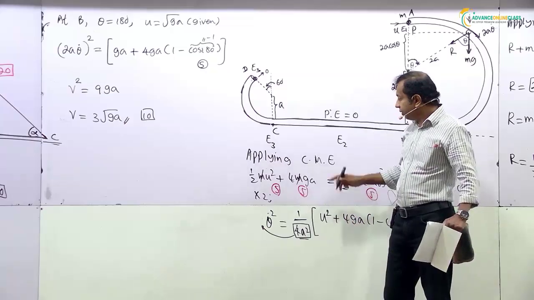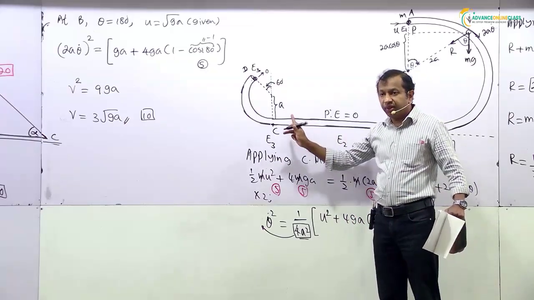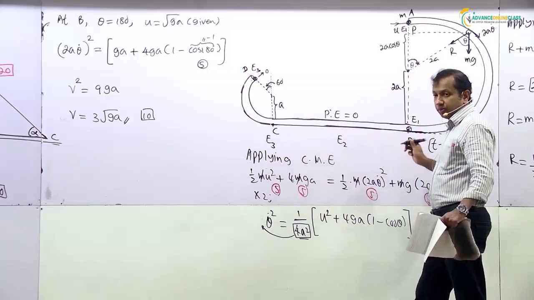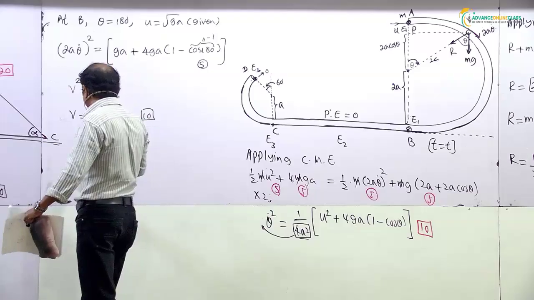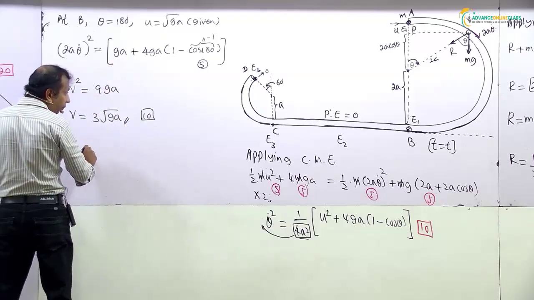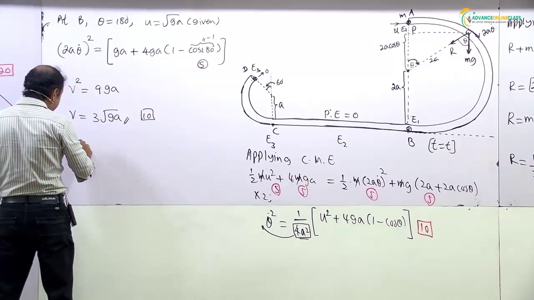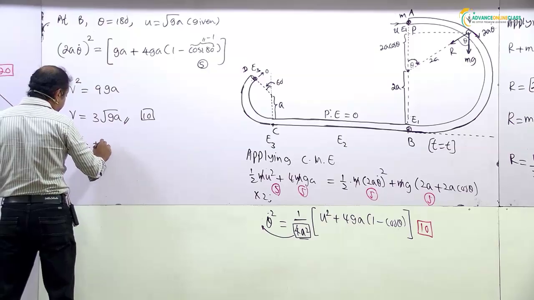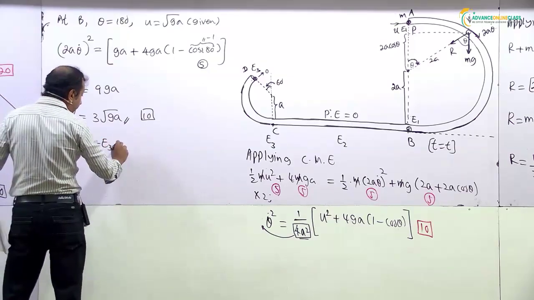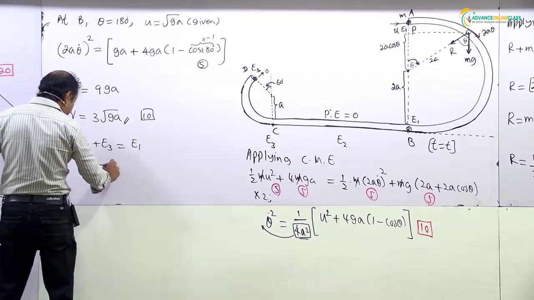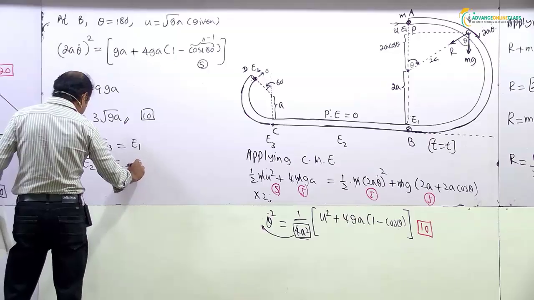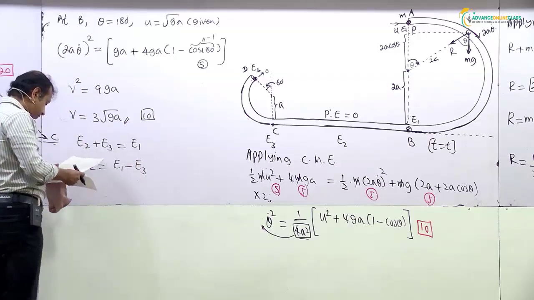Then you can say E2 plus E3 is equal to E1. Understand? Then E2 you can write E1 minus E3.